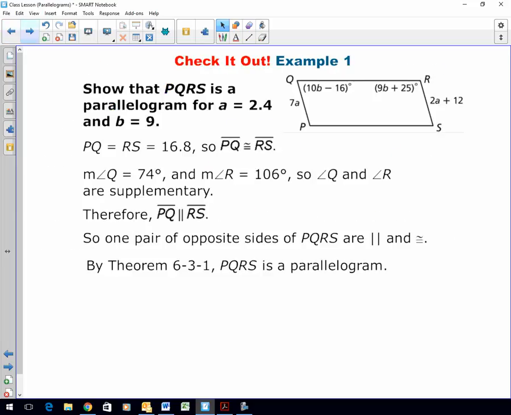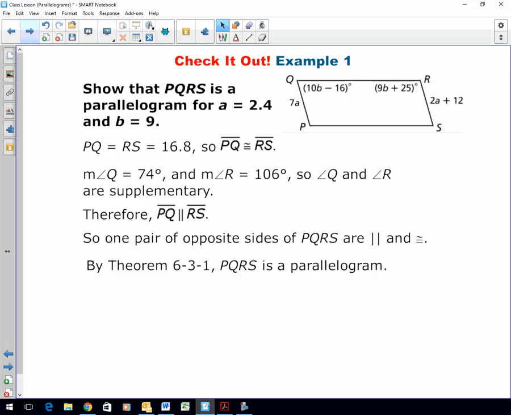What would happen here to show that this is a parallelogram? A has to be 2.4, B has to be 9. If I substitute 2.4 in for A, I get 7 times 2.4 and 2 times 2.4 plus 12. This means that PQ is congruent to RS, so that's good.